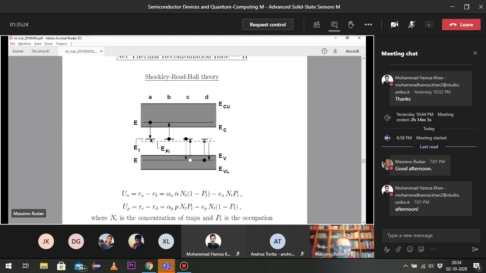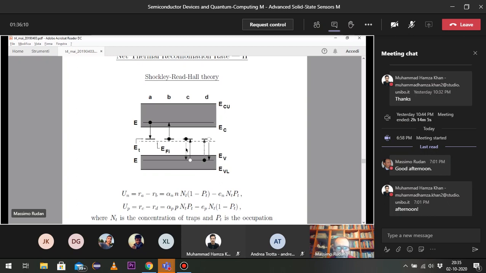This electron stays for a while in the trap, and then if you look at the event labeled C, this electron makes a second transition from the trap into the valence band. So globally, one event of type A followed by one event of type C globally is a recombination event. Okay, so it is made in 2 steps instead of 1. As you may remember, this is called trap-assisted recombination.